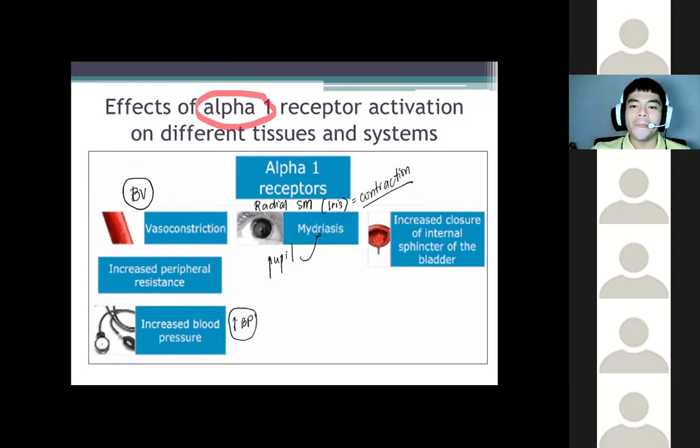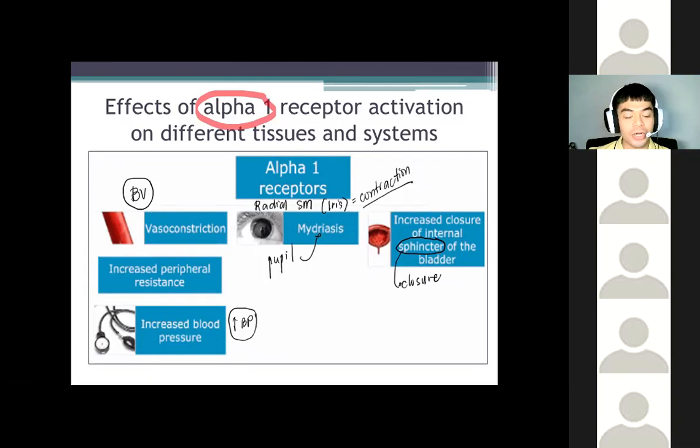Moving forward, meron din tayong alpha-1 receptors in the bladder, trigone, and sphincter, or particularly in the urinary sphincter. So ang sphincter, siya yung nag-open or nagko-close kapag may certain effects sa ating katawan. Pag na-activate ang alpha-1 receptors, due to contraction of the sphincter, there is closure of the sphincter.